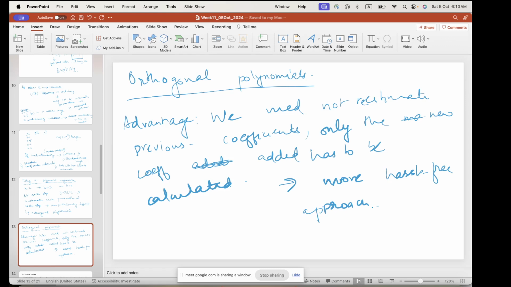We would rather have a model where if we have fit a polynomial up to a certain degree, then we have the coefficients. If we wish to add another coefficient to the data, we just want to put in that extra amount of effort to estimate that extra parameter. We don't want to start everything from scratch. Okay, so if this is the preferred way to go, then orthogonal polynomials come in very handy.